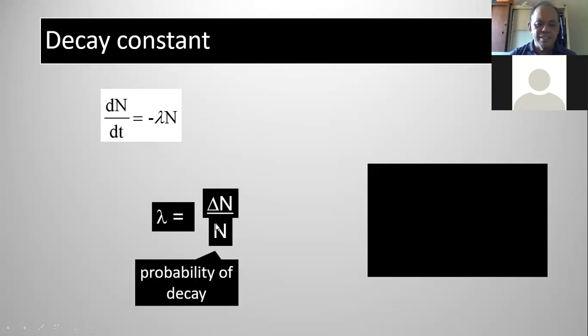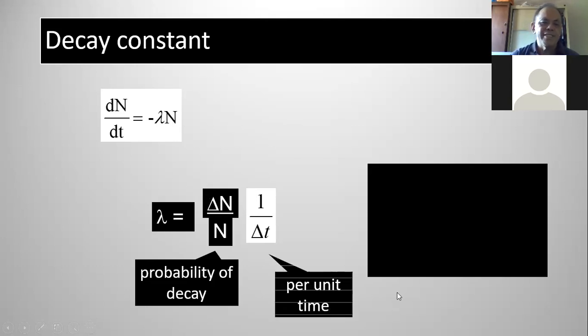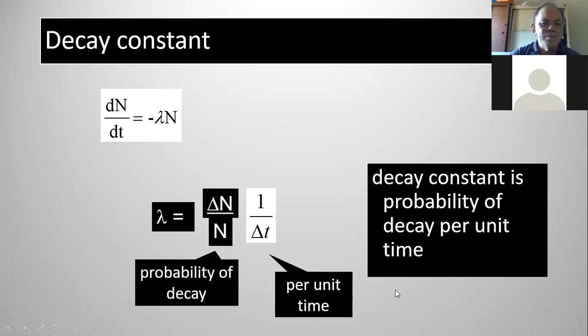This is the probability of decay or fraction decay, 1 over N, during that small time interval, that change, that number that has changed per unit time. So we can say what the decay constant is. Decay constant is the probability of decay per unit time.